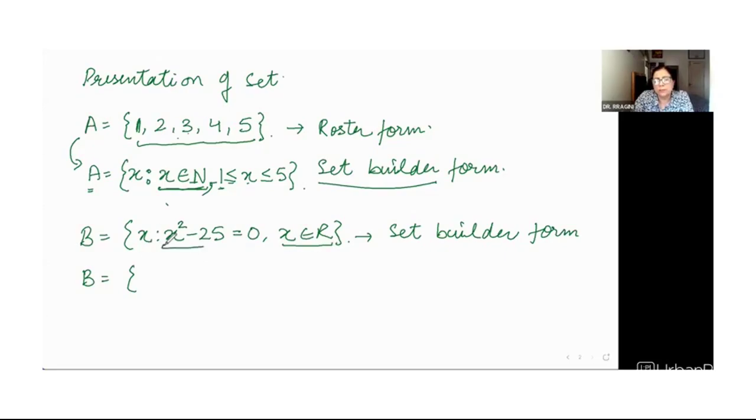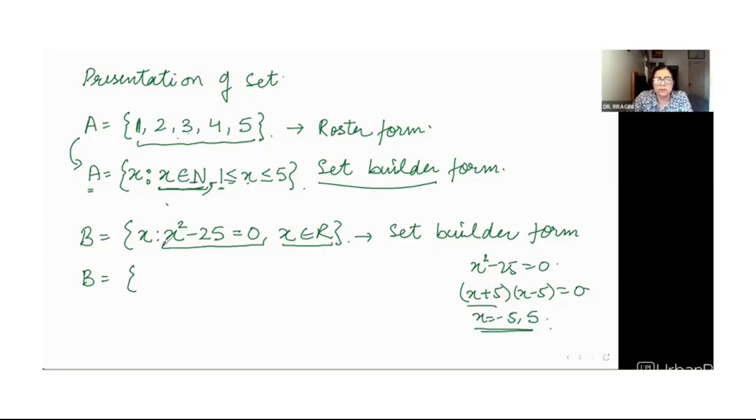Now we have to solve this equation to find the answers to this set. What is that? x square minus 25 is equal to 0. When we factorize this, we get this equation. Solving this, we get x is negative 5 and x is positive 5, right?